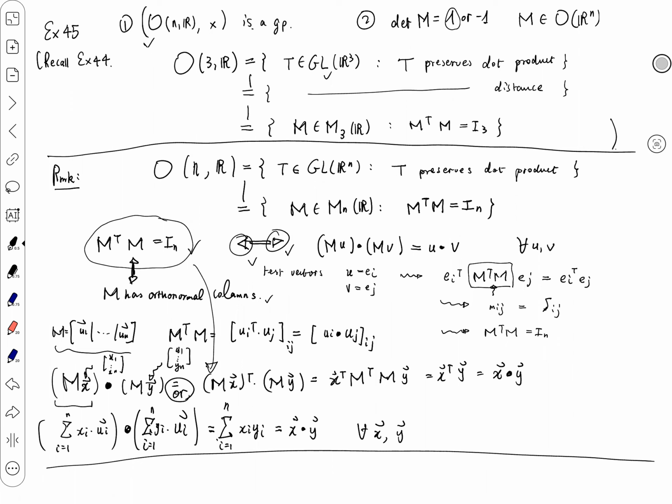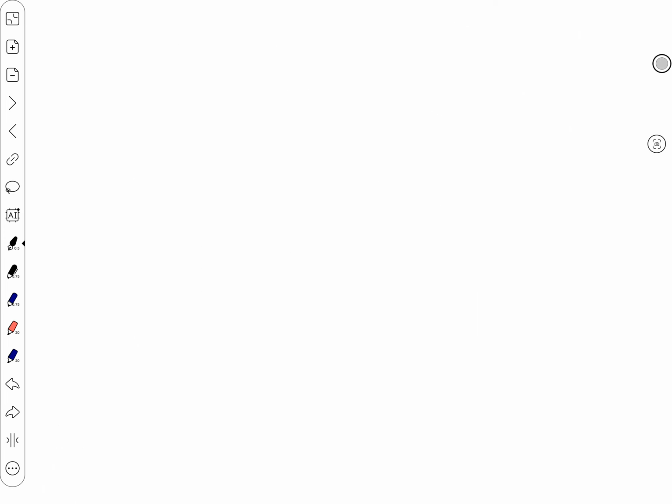So to prove this very quickly, let me write a sketch. So firstly, the identity matrix is there. If you have two matrices in this set, then the multiplication is again there.